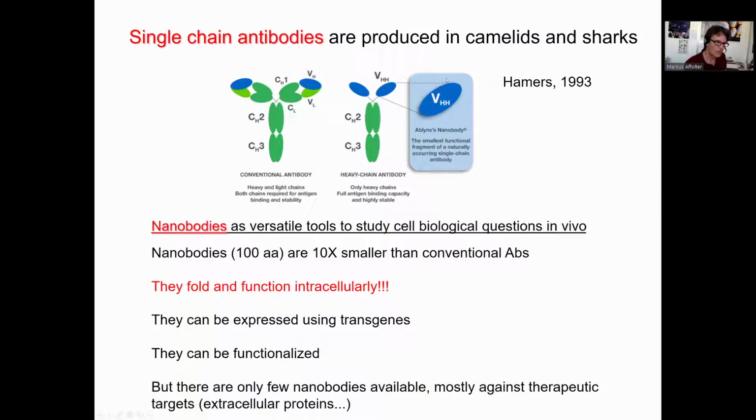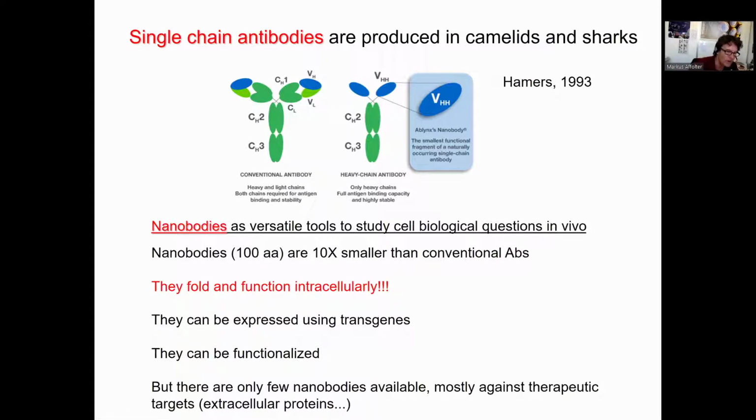So with these 100 amino acids here, you can fold a full antibody with its full repertoire, its full binding specificity. You can clone this and express it in a cell, and in contrast to the normal antibody, this works in a cell. So suddenly people realized, whoa, we have soluble antibodies that we can express as very small moieties in cells.